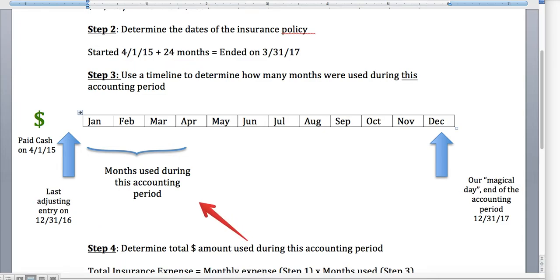Okay, I got my arrows working. So the last adjusting entry was recorded here at the end of 2016.